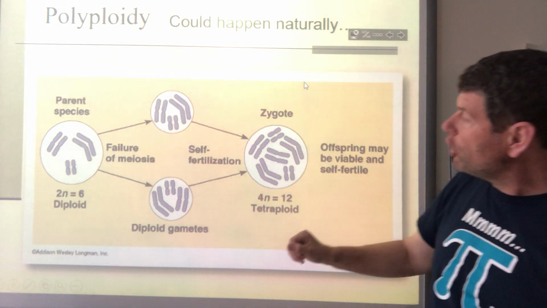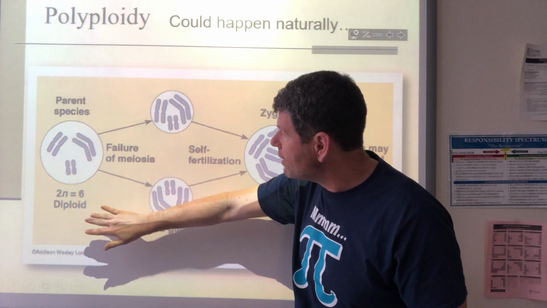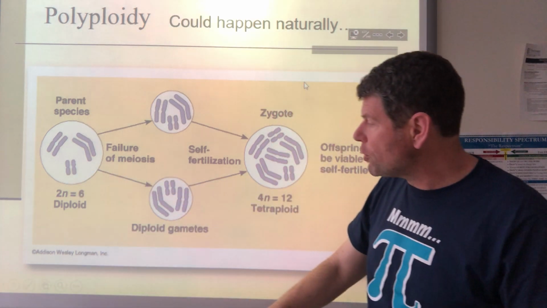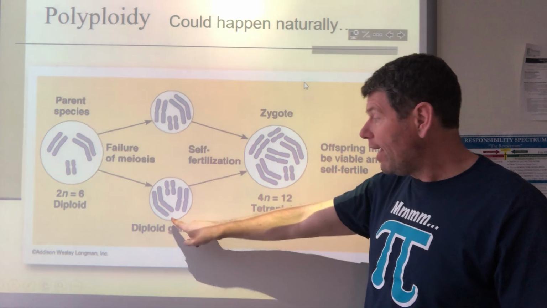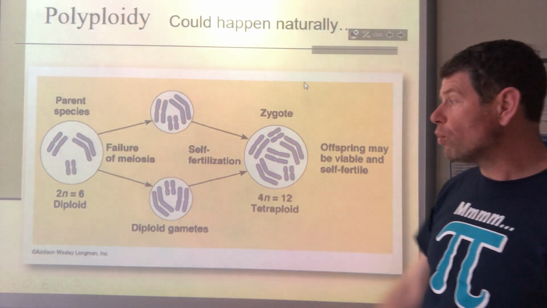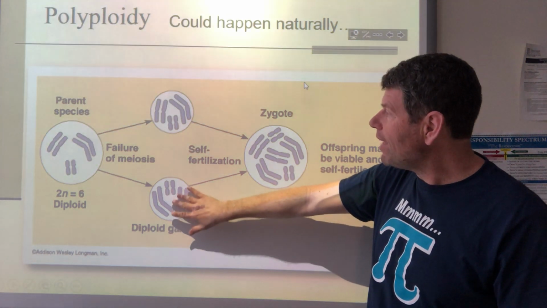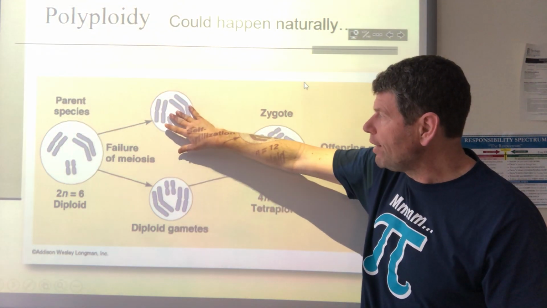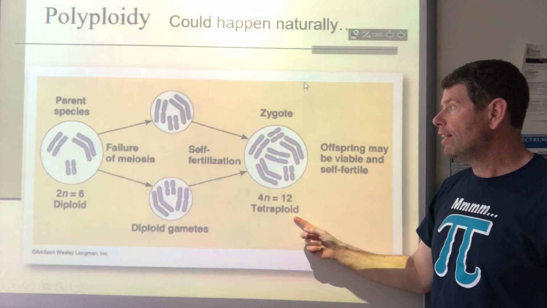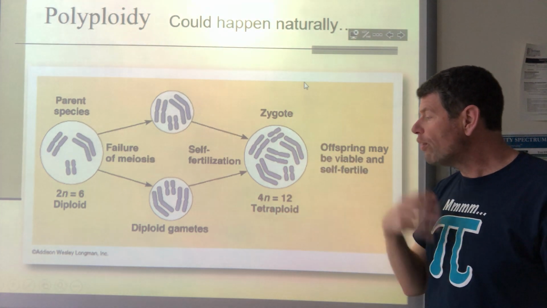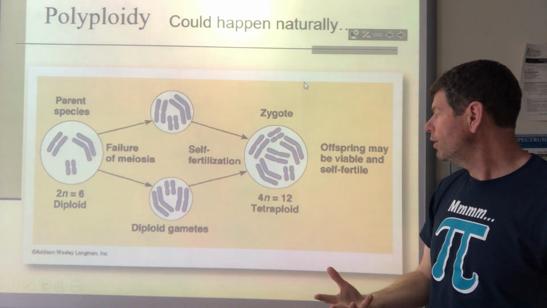All right, so we could have a diploid parent species here with 6 chromosomes, and if there's failure of meiosis completely, then in the gametes we'd end up with all those chromosomes. And if that happened twice, and then they actually got together, right, fertilized, we could end up with tetraploid situation, a zygote with 4 copies of all those chromosomes, all right?